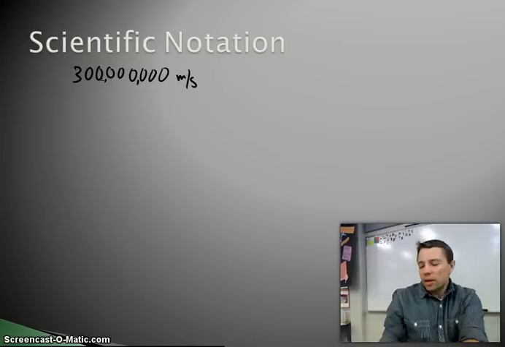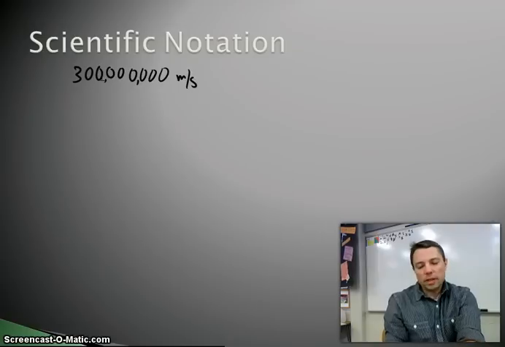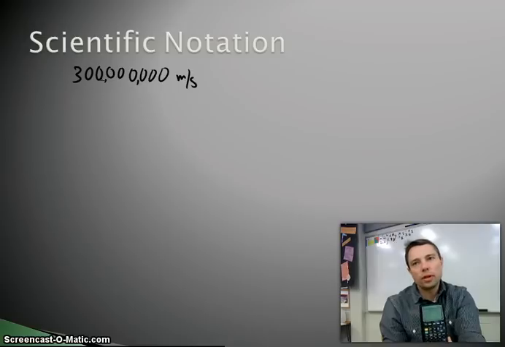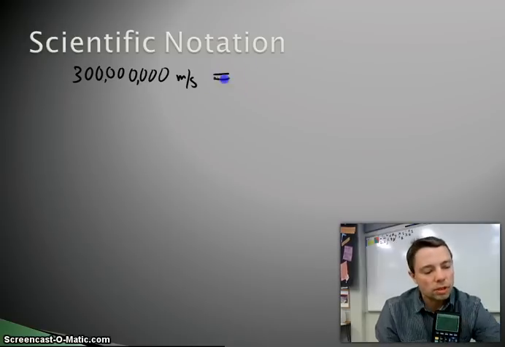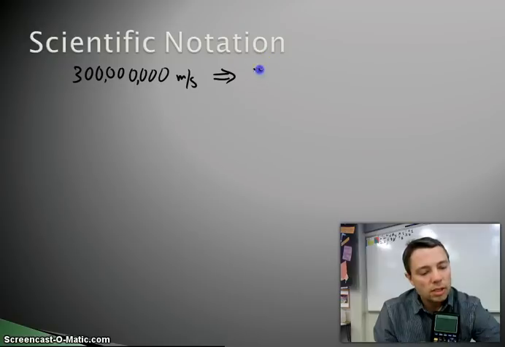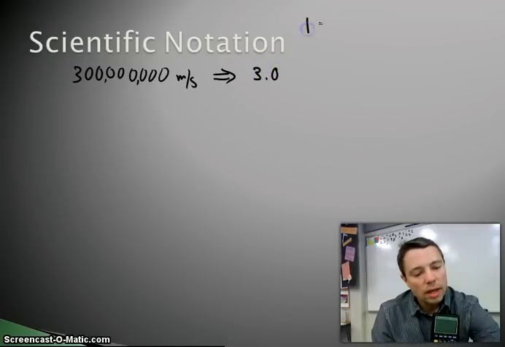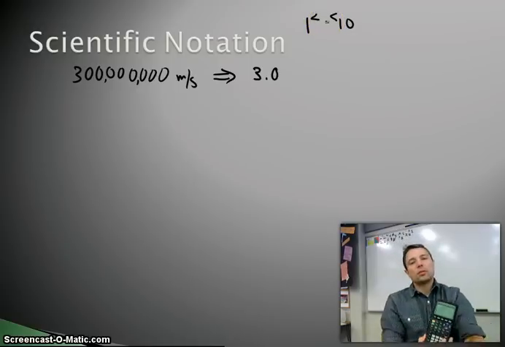Now that is not a practical number to be typing into my calculator all the time. Typing 3 with 8 zeros is just going to be too much to put in there. So what I tend to do is use scientific notation, which says that I can change this to something between 1 and 10. So you always stay between 1 and 10 when we're doing something in scientific notation.